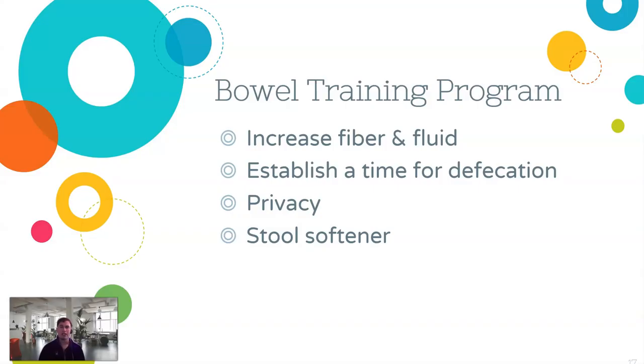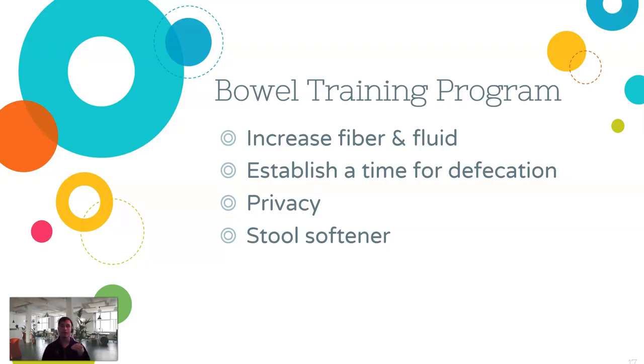When we hone in and talk about bowel training programs, we specifically want to make sure the plan is designed with the patient. We're going to increase their fiber in the diet gradually over a period of time. We want to increase fluid intake to 8 or more glasses of water per day.